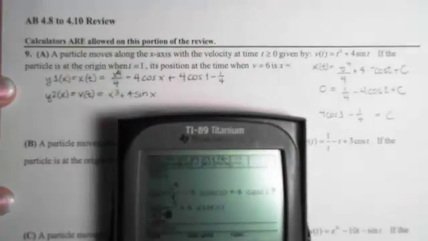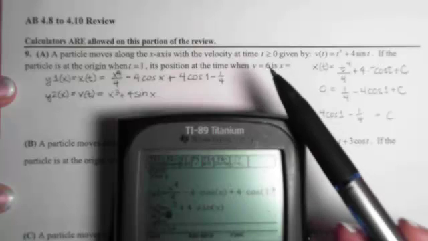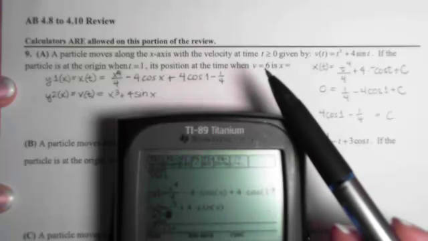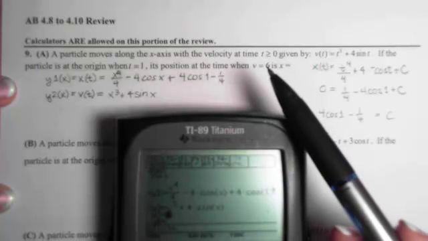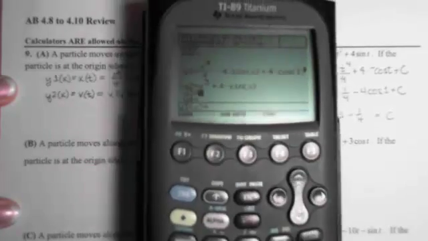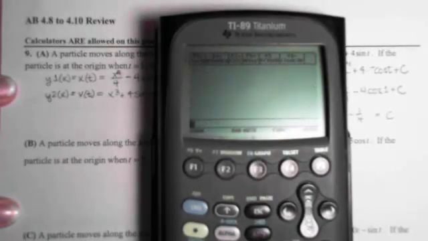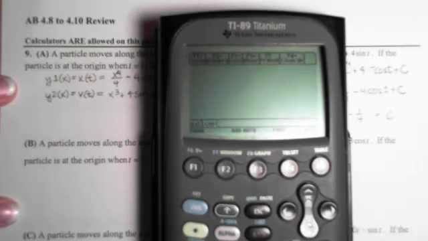The question is, I want to know what is the position at the time when the velocity is 6. In order to compute the position, I need to know the time that would give me a velocity of 6. To find that, I'm going to go to my calculator on the home screen, and I'm going to solve for when my velocity, which is in y2, equals 6.